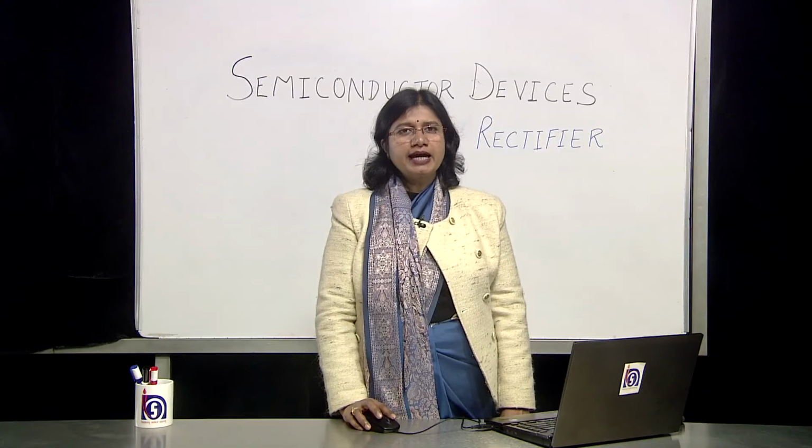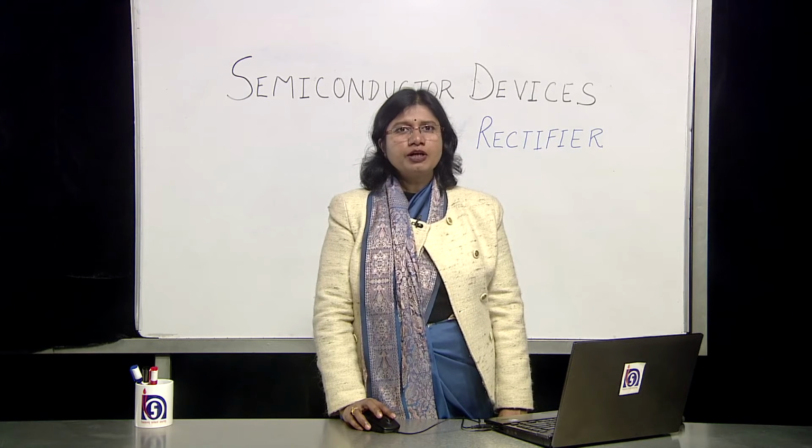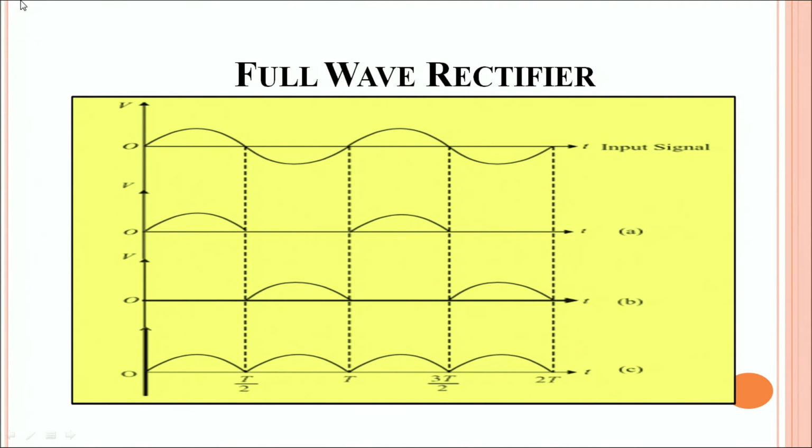Let us have a look at the output of a full wave rectifier. For a full wave rectifier, this is the input signal. When we look at the input signal, we realize that we have a continuous positive cycle followed by a negative cycle and so on.